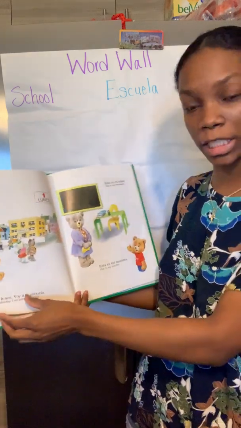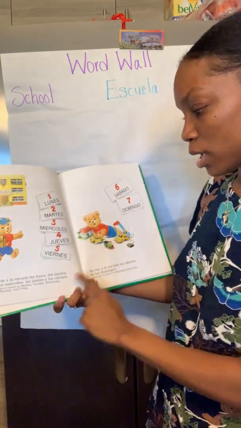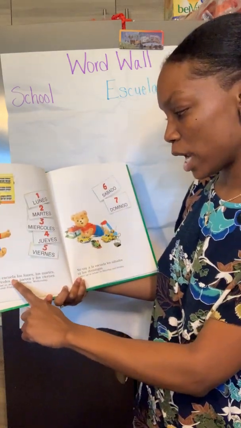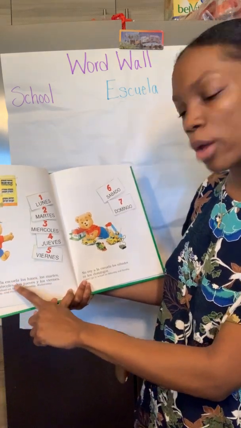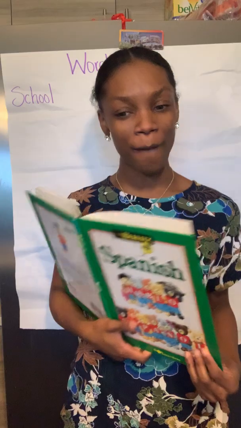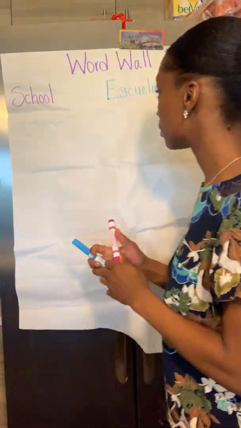So let's go back and check. All right, well, here we have our days of the week. He said, voy a la escuela los lunes. This means I go to school on Monday. So great job. You made a connection between English and Spanish. So what I'm going to do here is write it on our word wall.